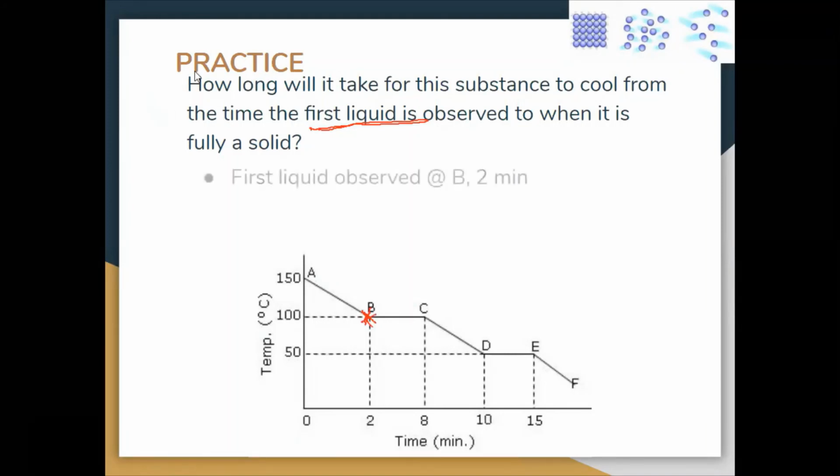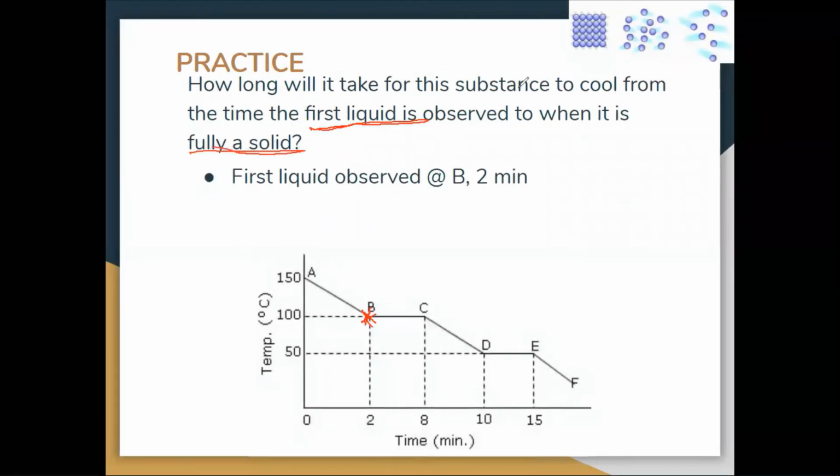Then they said to when it's fully a solid. So that's the second part. So when is it fully a solid? Point E, right? Because remember, this is where freezing happens. So at this point you still have liquid and solid all the way up until you get to E, and then from E on is when you have solid only.